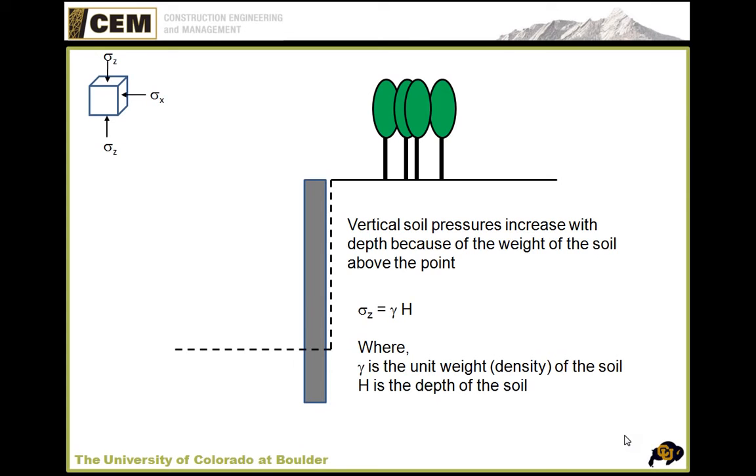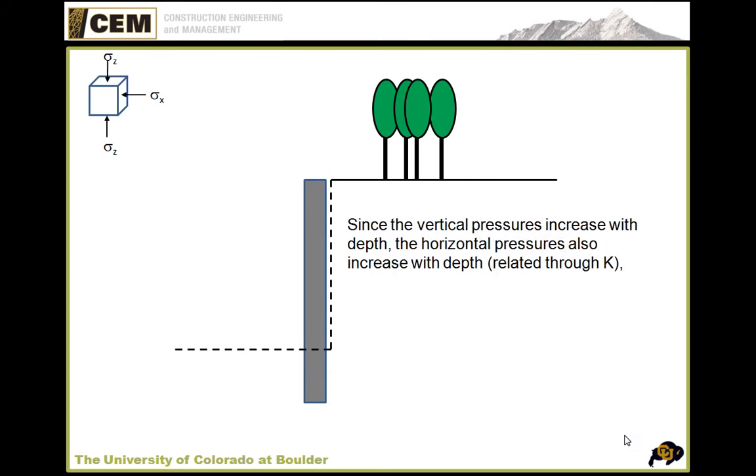Now, we know that vertical pressures increase with depth, and the horizontal pressures also increase with depth. We can relate them through K. So if sigma z is gamma h, and we know that K is sigma x over sigma z, we can simply solve for sigma x by finding gamma h times K. That's the weight of the soil above point H, at depth H, multiplied by, in this case, the at-rest earth pressure coefficient.